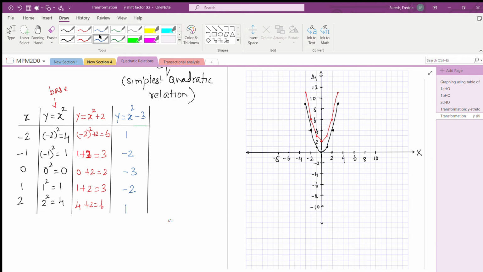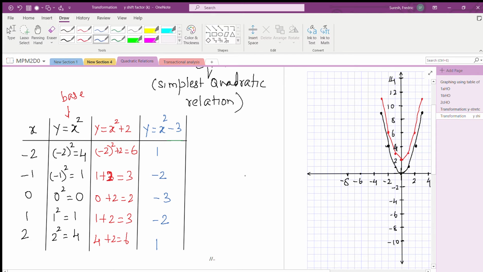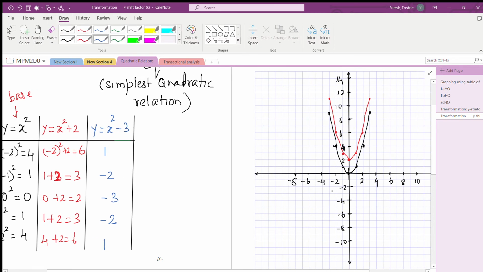Plotting all this on the graph, let me make this a little bigger. The point I had before, which was 2 comma 4, has now dropped down 3 units. It's dropped down here.